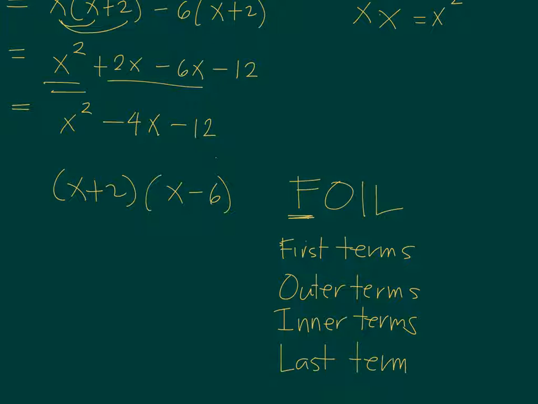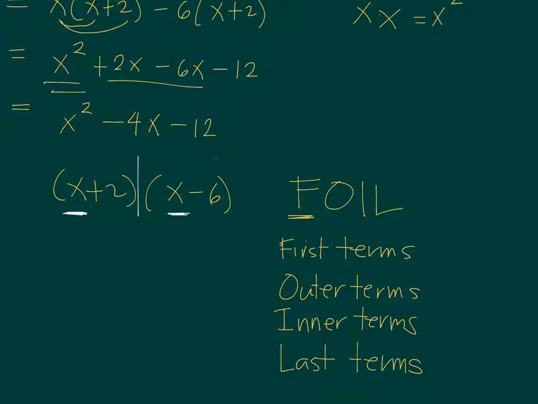So what are these first, outer, inner, and last terms? Take a look at the given expression. You have two groups, x + 2 and x - 6. In every group, you have a first term. In this group, x is the first term. In the second group, x is also the first term.